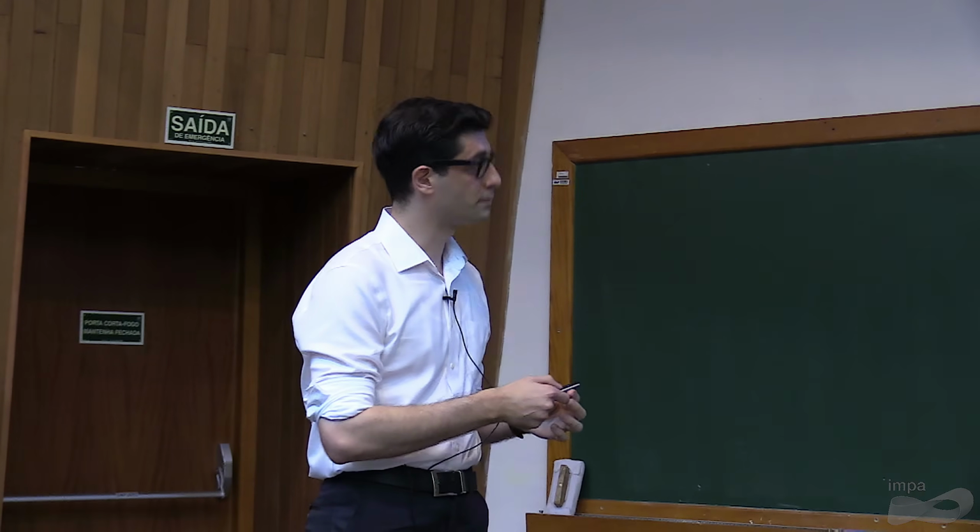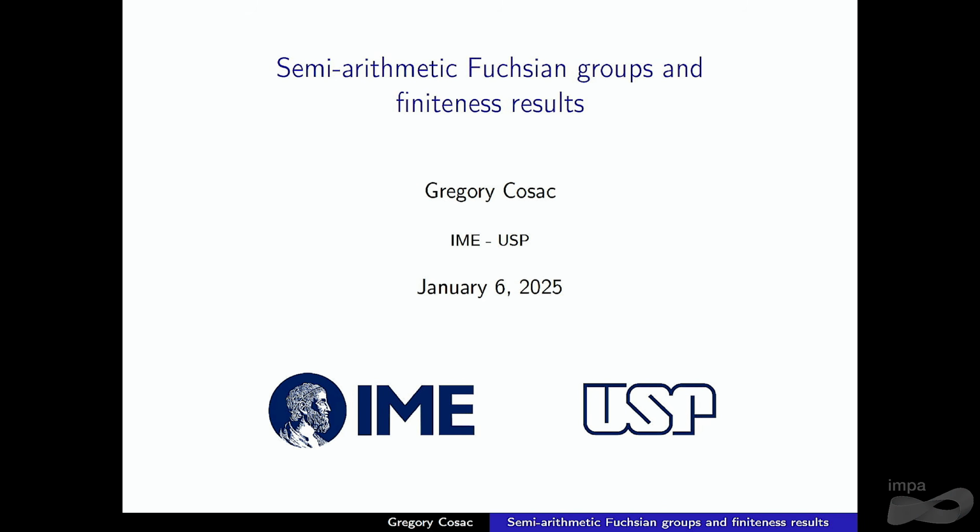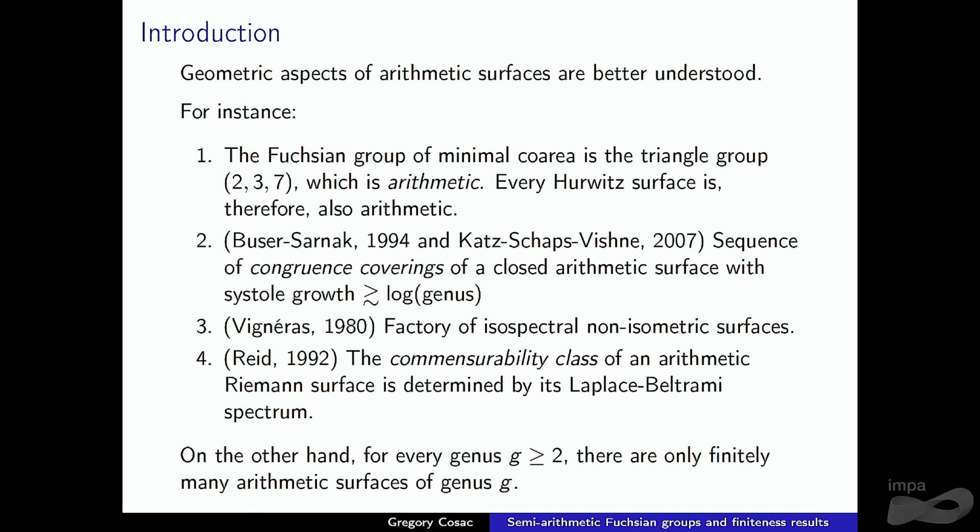This is a very short, very non-comprehensive list of facts. So the first one is a very, very simple one. So the triangle, and don't worry about these because I'm going to define everything later on, but just as an introduction, the triangle group 237 is arithmetic, incidentally, and it happens to be the group of the smallest co-area.